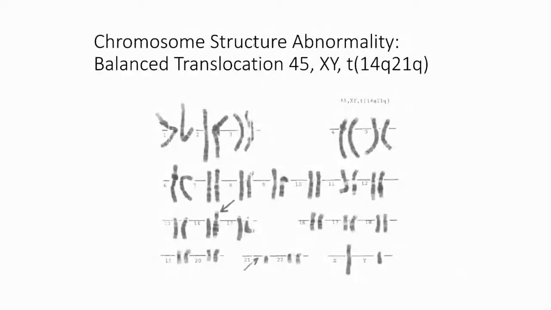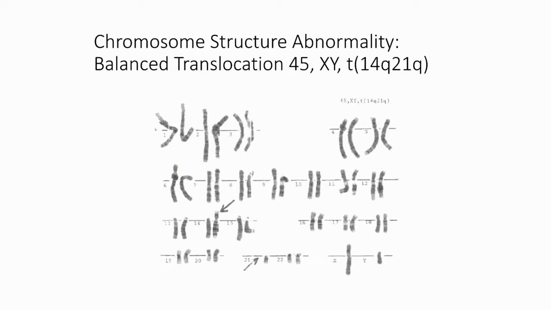Okay. And then this is 45, XY, and then translocation 14q to 21q. Okay, 45, and then XY male, translocation t(14q), right? From the 14 here, translocation to this 21q.